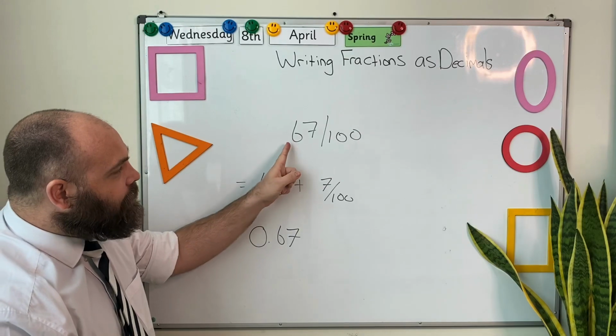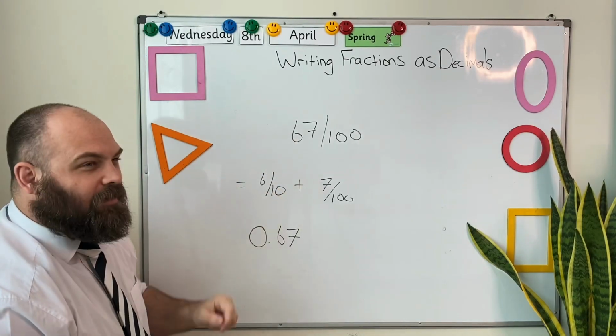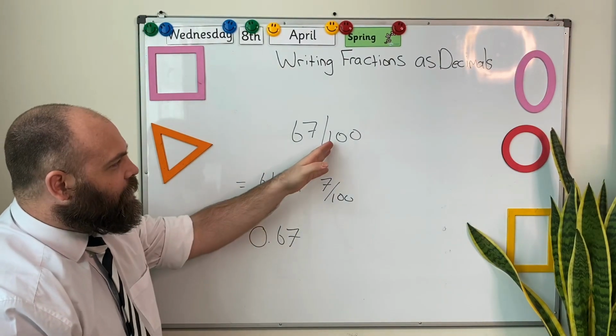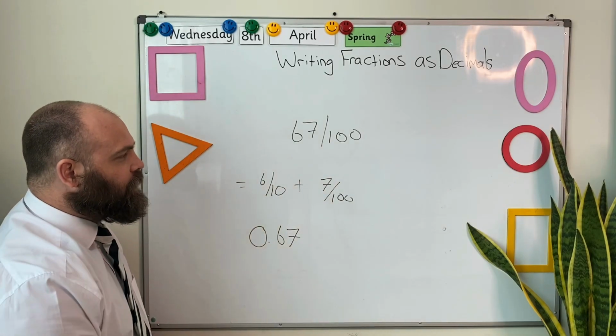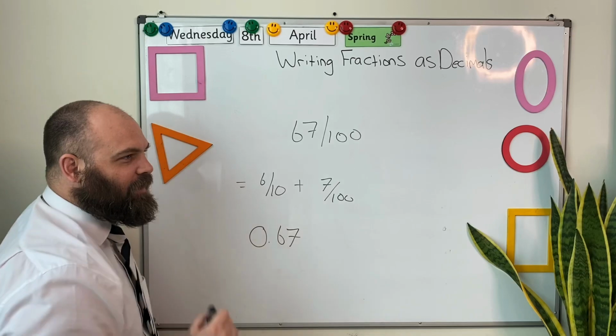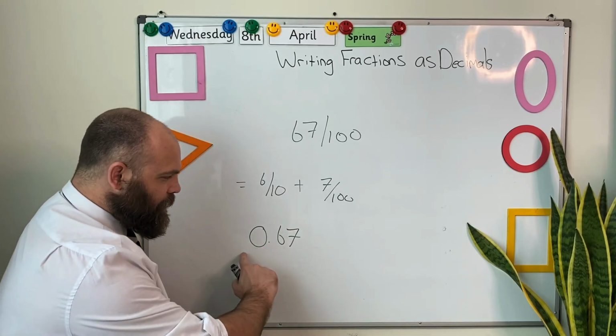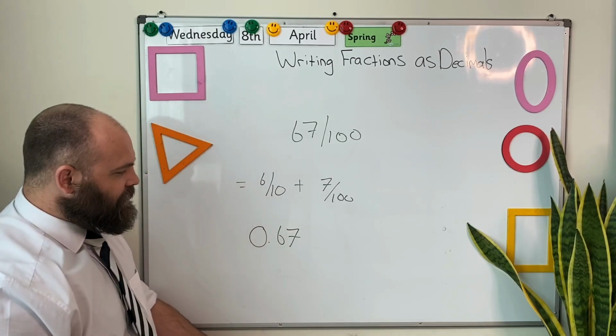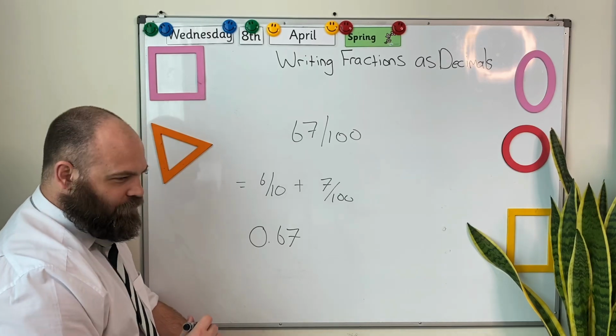Whenever we have tens in our fraction over 100, we can put those in the tens column, and the units will go into the hundredths column. Now imagine this, we have 67 hundredths.